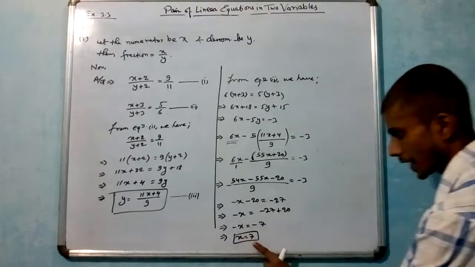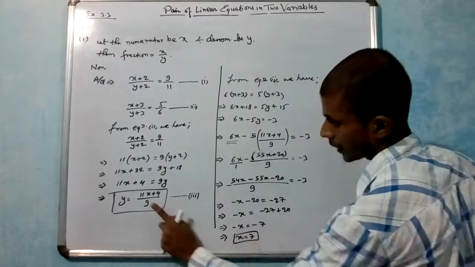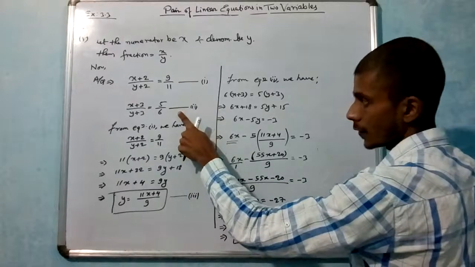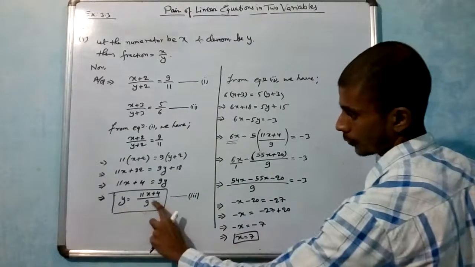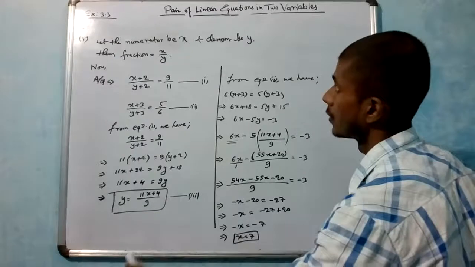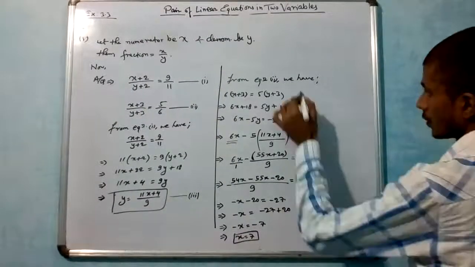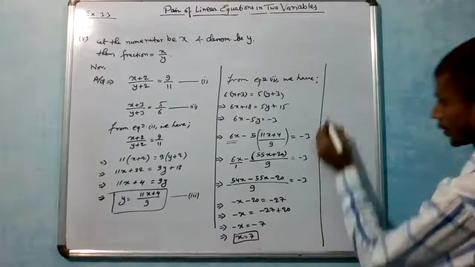Okay, once we get x equals 7, just substitute this x equals 7 here in this equation. Don't try to put here, again it will become lengthy. Substitute here, y is equal to how much? 11x plus 4 by 9. Okay, fine. So what we will write now?